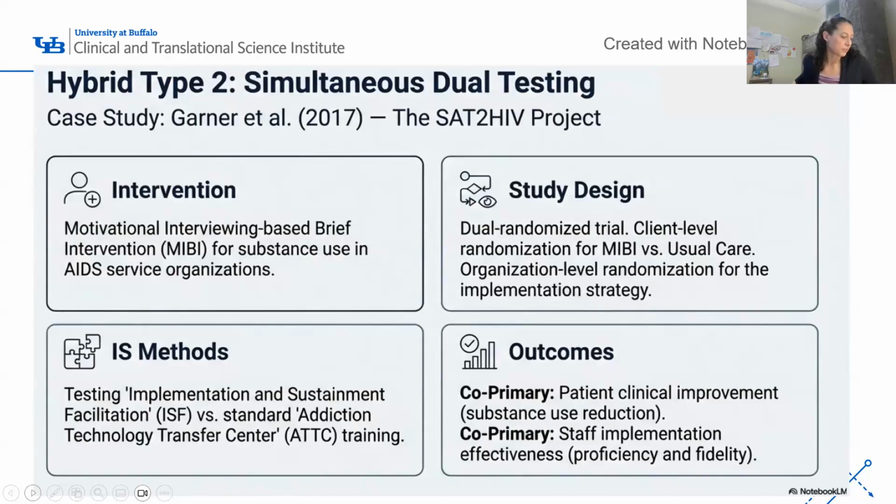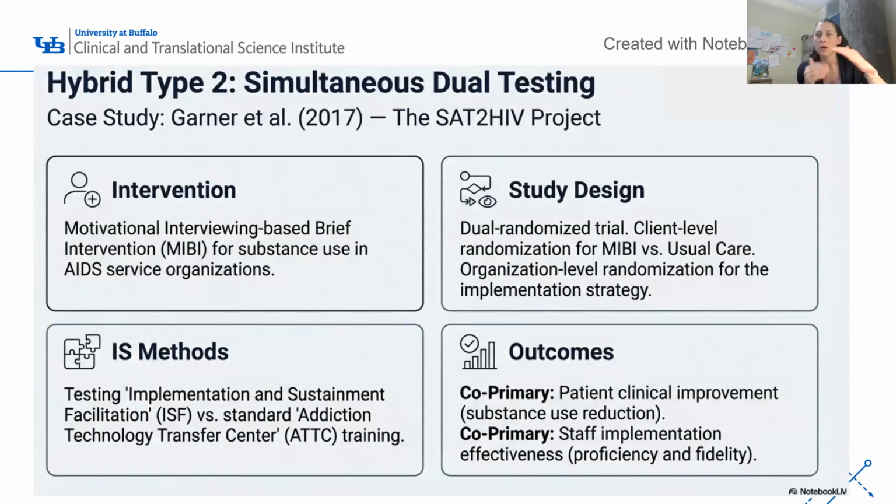What they did here is all of the clinics were delivering this motivational interviewing intervention, but within the clinic, the support that they received for delivering that intervention varied. Some clinics got more resources and support to help them implement this motivational interviewing, and others just received a basic training on the process.